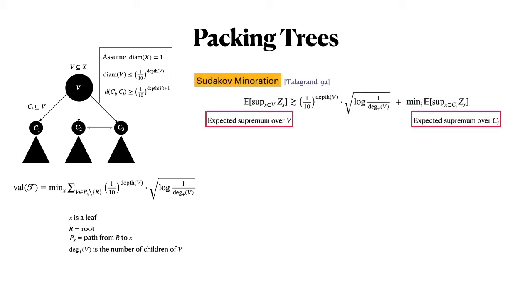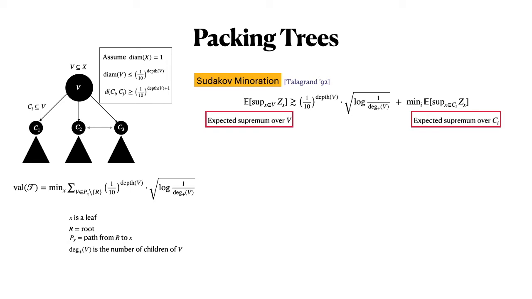So why do packing trees give a lower bound on expected supremum? This is due to the Sudakov minoration inequality that was also proven by Talagrand. So Talagrand showed that the expected supremum over V is at least 1/10 times the diameter of essentially that node V, times square root log of 1 over the number of children, plus the minimum expected supremum over any children of V. So in particular, the first term here is exactly what appears in the value.